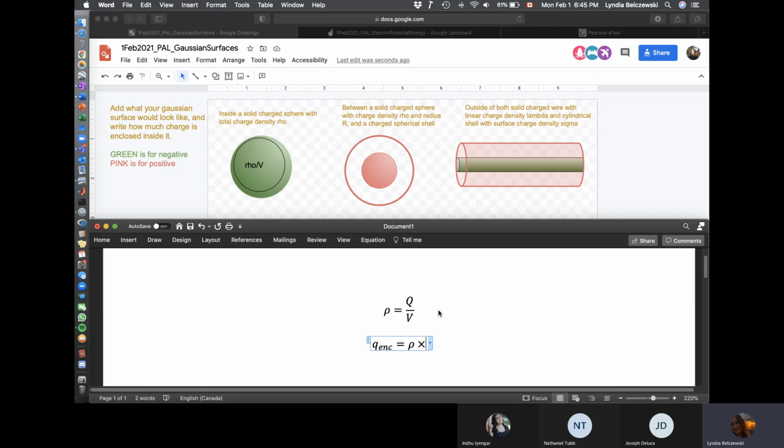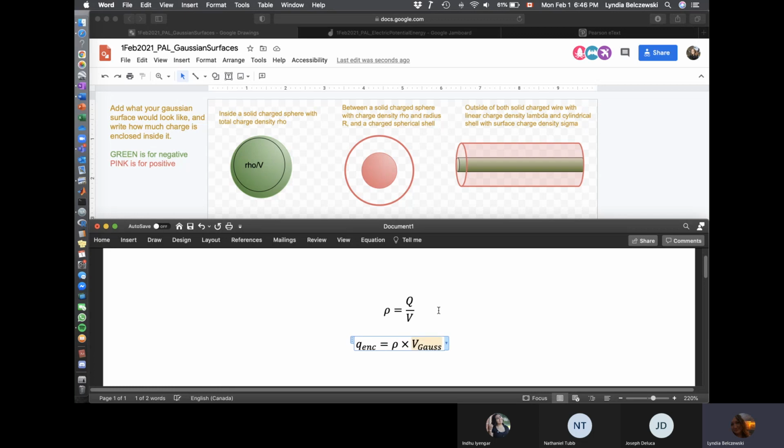So the charge inside will be how much charge is inside specifically that volume of the Gaussian surface, or the imaginary shape. So the charge enclosed will be rho multiplied by V of the Gaussian surface.